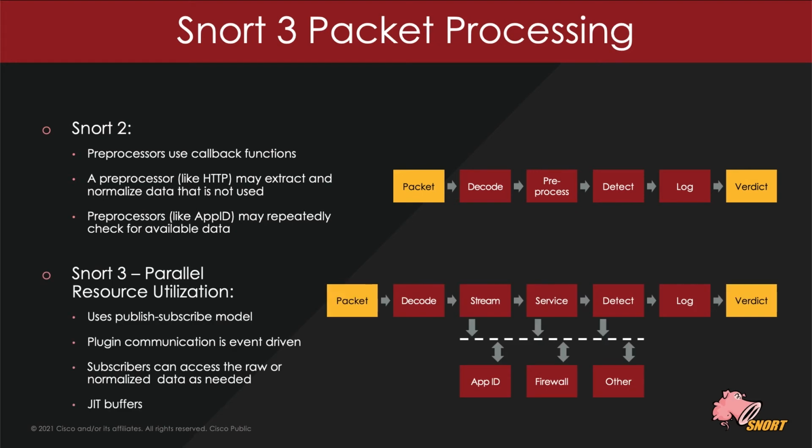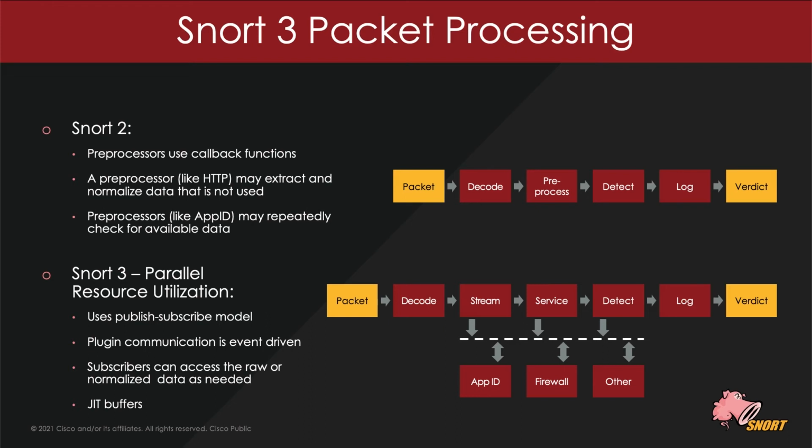With Snort 3, it's a little different. Things aren't as linear as they are in Snort 2. There's still somewhat, but there's a lot more functionality there for what we call a publish and subscribe model. So the various plugins will publish what they can make available and then subscribe to what they need. So a rule keyword might say, hey, I need to see the HTTP header. I need to see these parts of the header. And the HTTP preprocessor can publish and say, I have these I can make available.